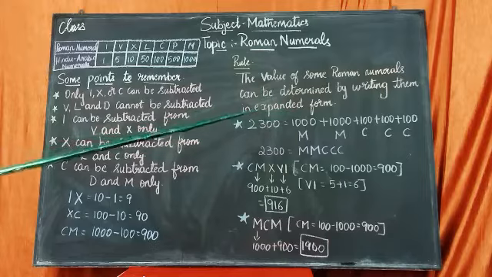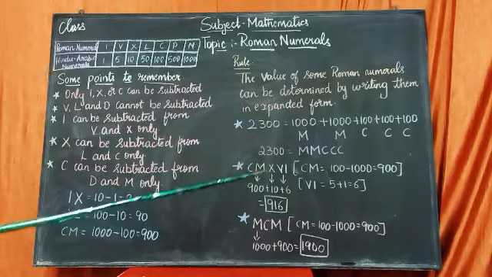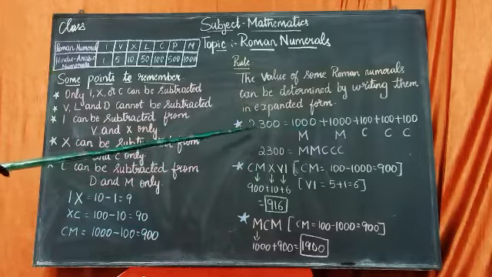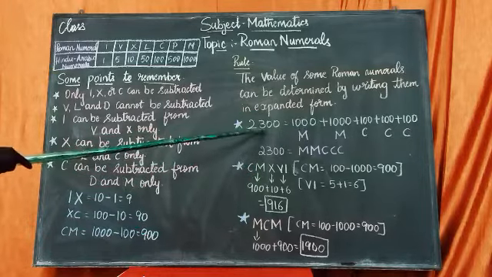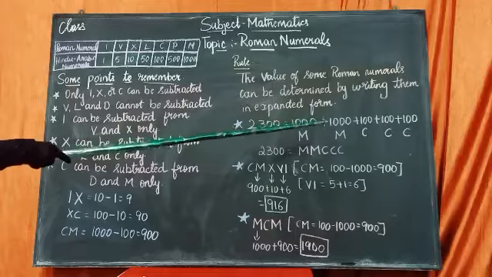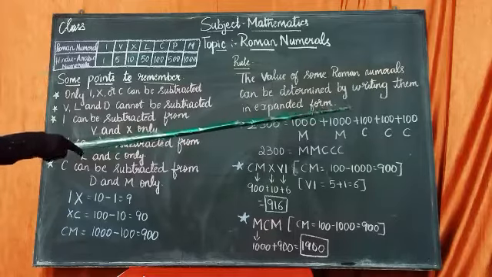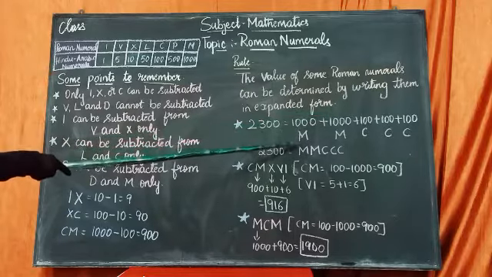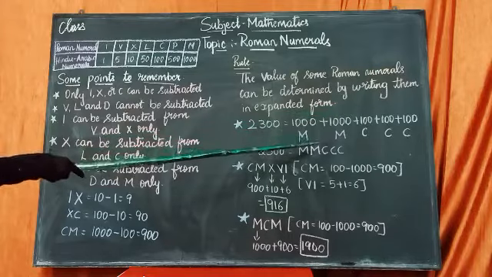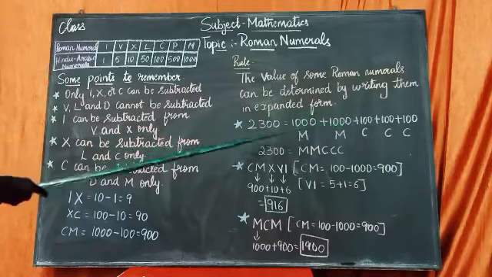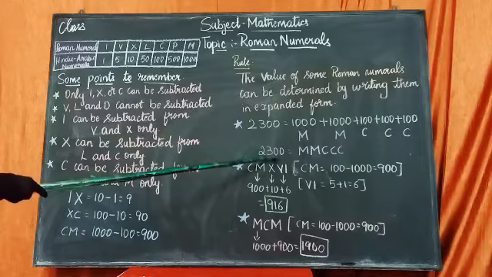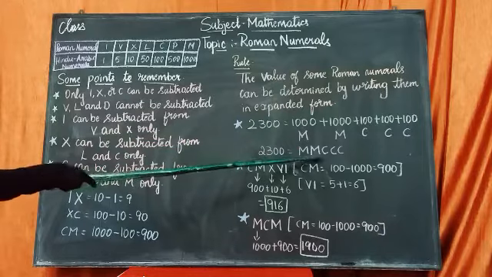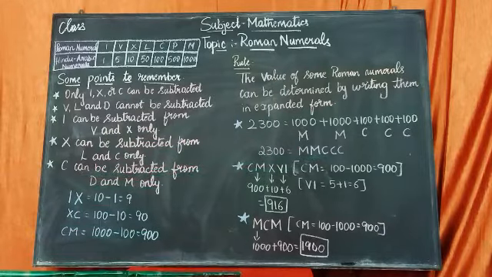The value can be determined by using expanded form. That is 1000 plus 1000 we get 2000. 300 can be written as 100 plus 100 plus 100. 1000 stands for M. M, M, C, C, C. We get 2300 and in Roman numerals we get MMCCC.